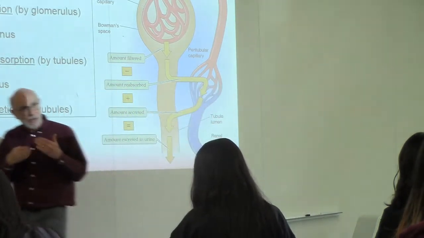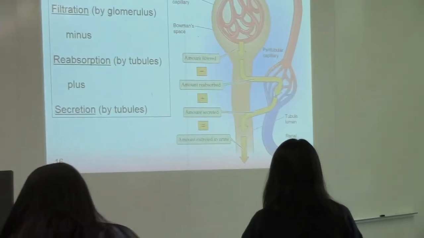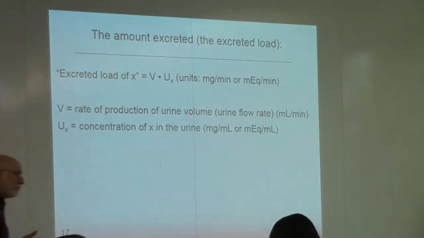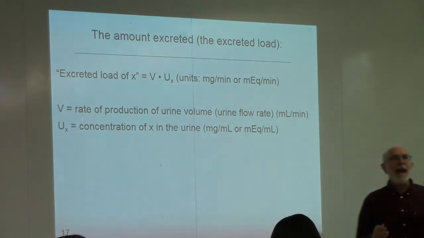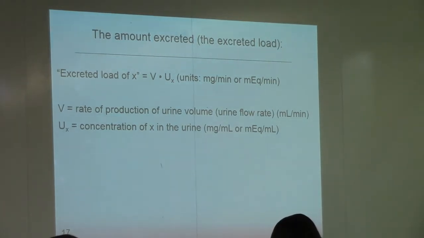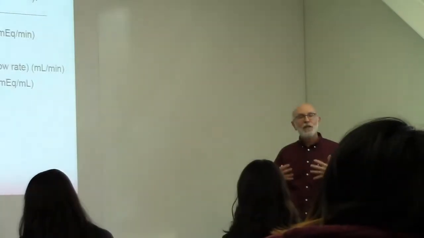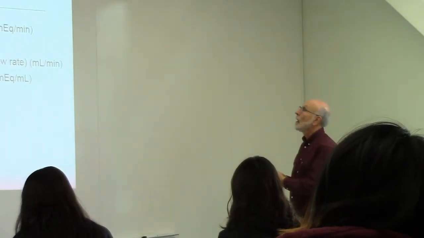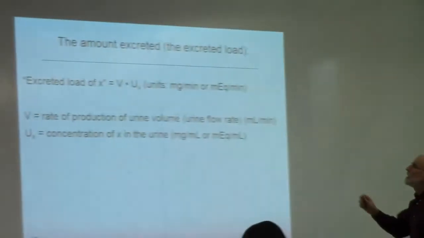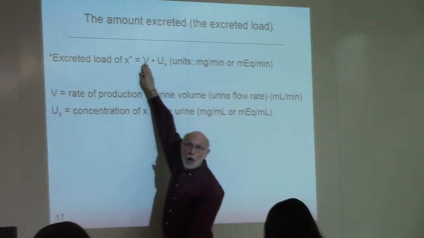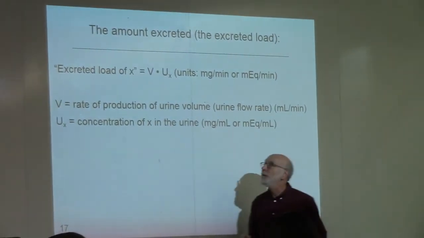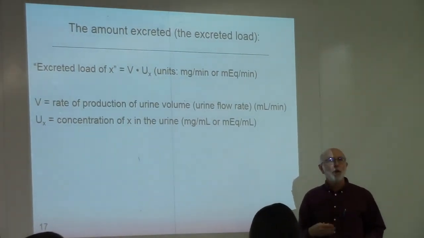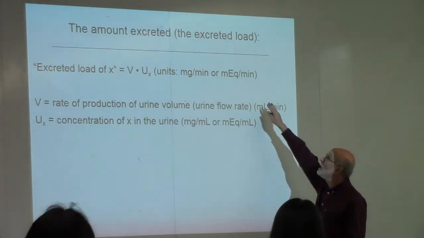Okay, so we're getting to clearance soon. There's more jargon. So we talk about the excreted load. What is the load? What is your urine carrying out of your body? The excreted load. And so what it is, it's the flow rate. The excreted load is a flow term, so we're going to have time in there.